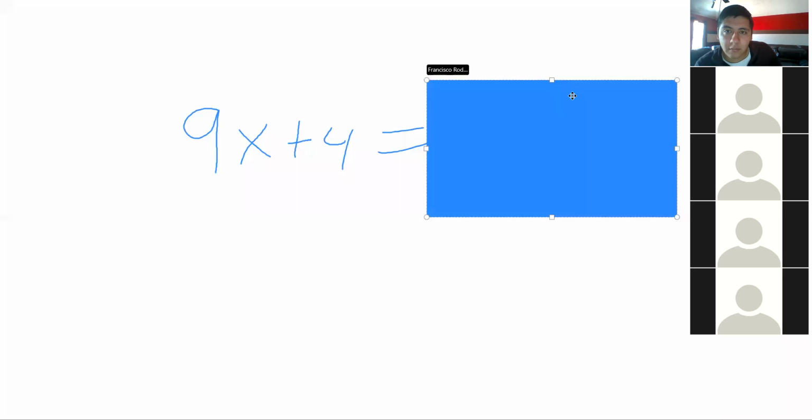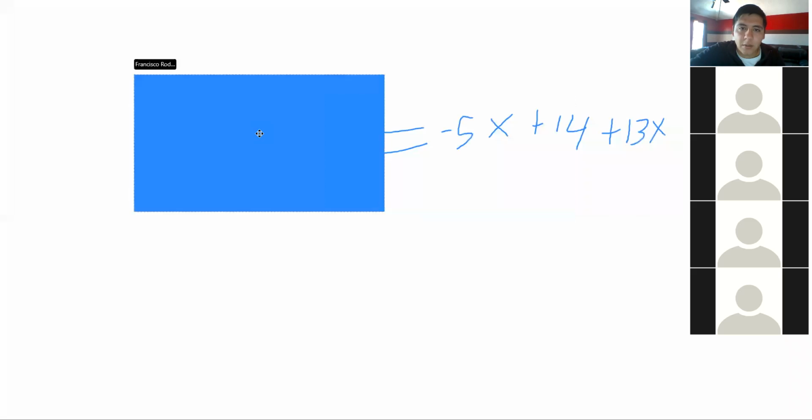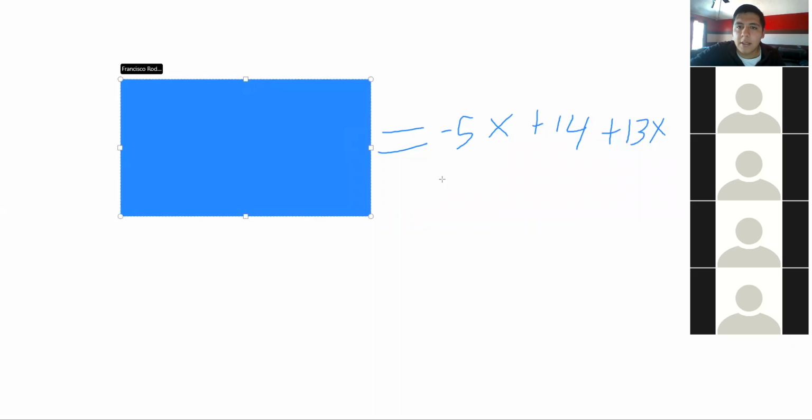You can't do anything there, can you? Not really, right? We have 9x, which is a variable, and we have 4, which is a constant, a number. So that's about as far as we can go on that side. Let's move over and think about this side. Is there something that we can do here?